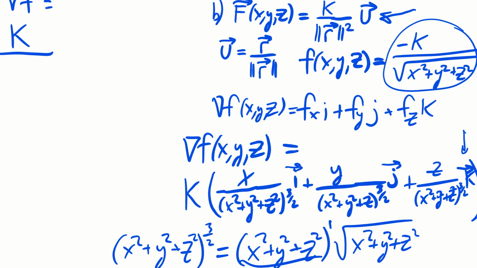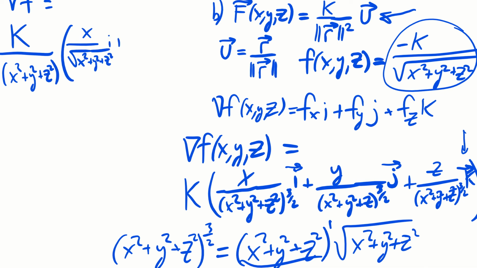I'm going to pull this part to the outside, the x squared plus y squared plus z squared, and now it's going to be times x over the square root of x squared plus y squared plus z squared i, plus y divided by the square root of x squared plus y squared plus z squared times j, plus z over the square root of x squared plus y squared plus z squared times k.